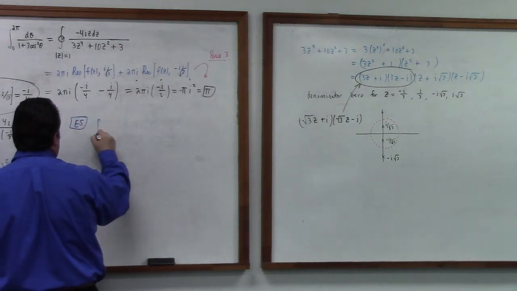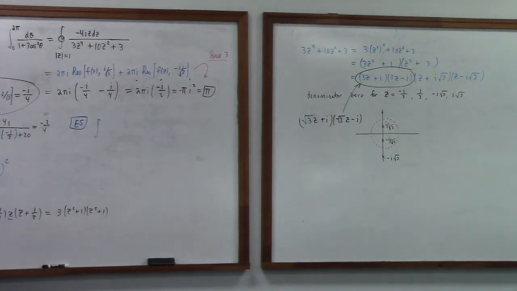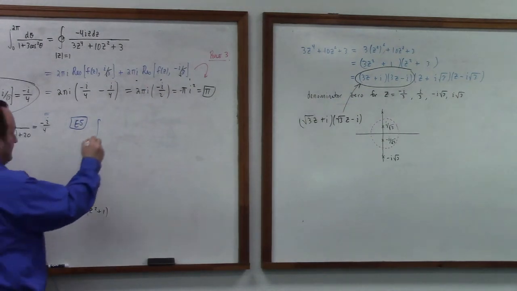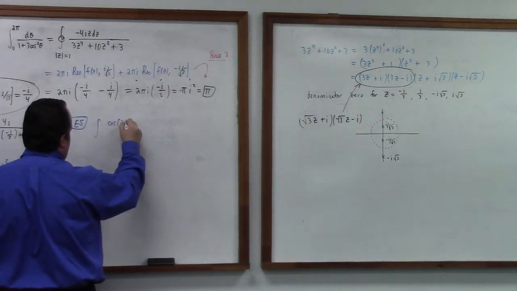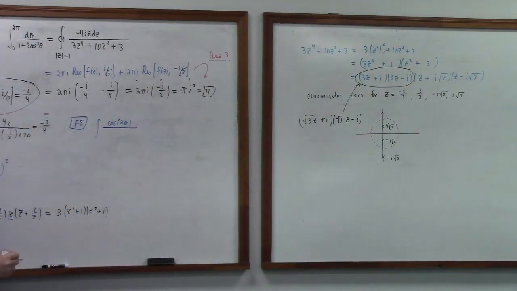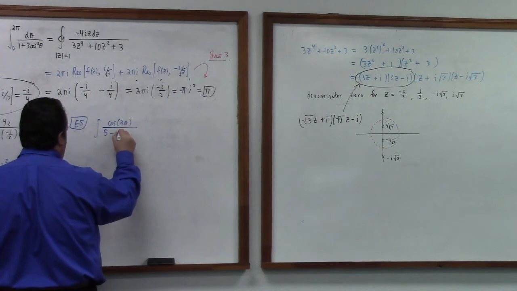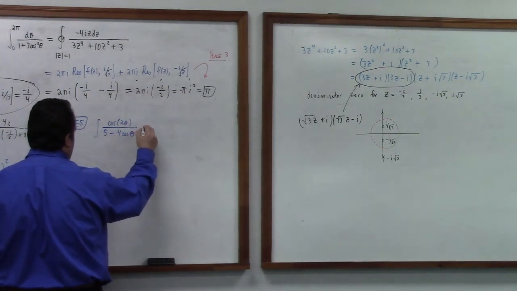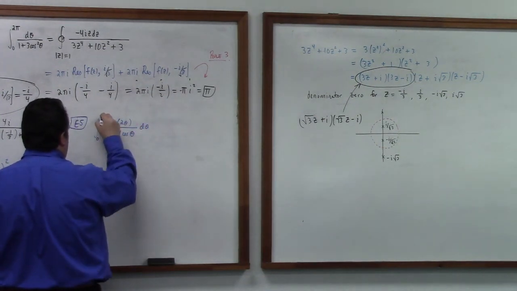So if we were going to do the integral of, say, cosine 2 theta over 5 minus 4 cosine theta d theta from 0 to 2 pi, I think.